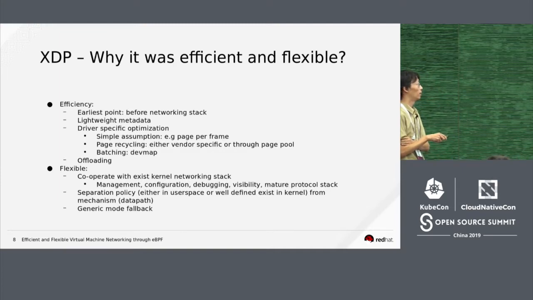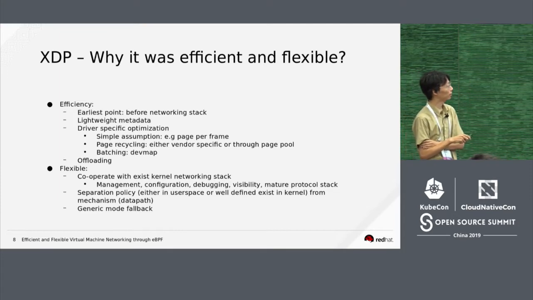And also we have driver specific optimization, doing some simple assumptions, and we can do recycling on pages. We can use the driver specific methods and page hook and batching. The batching is not available for the traditional stack, but available here, and we can also upload it into SmartNIC.